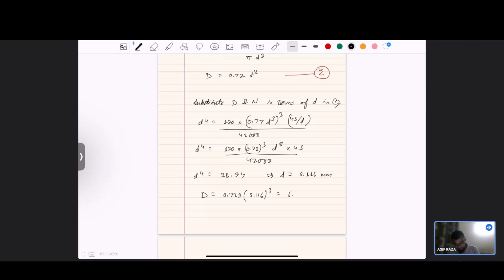Where am I making a mistake? 120 into 0.72 cube, right? Into 45 divided by 420.